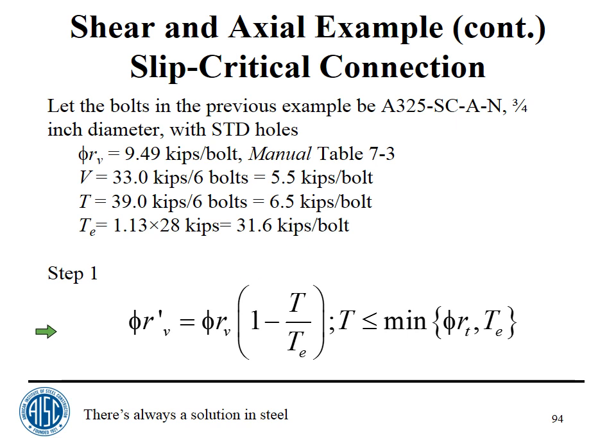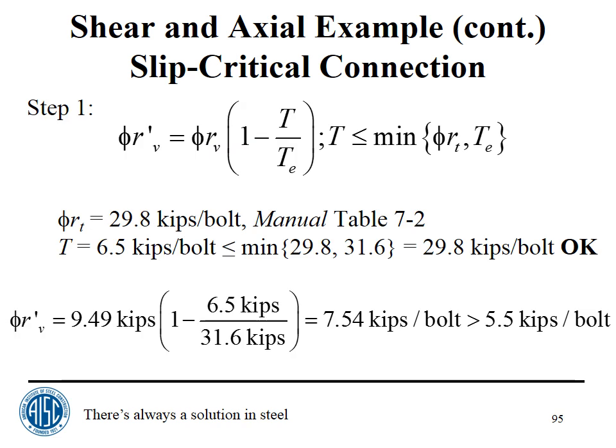Step 1, calculate phi R sub V prime. Phi R sub T is 28.9, manual table 7.2. T is 6.5 kips per bolt. That's got to be less than the minimum of these two.